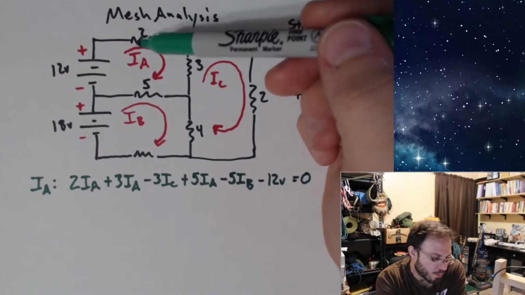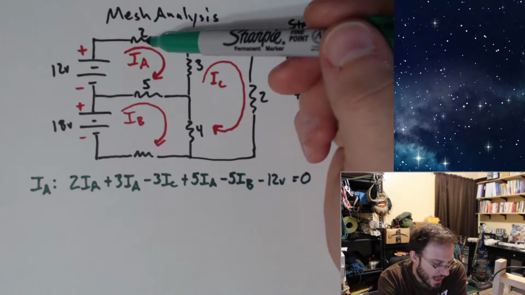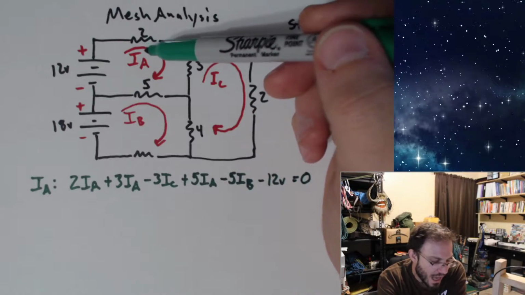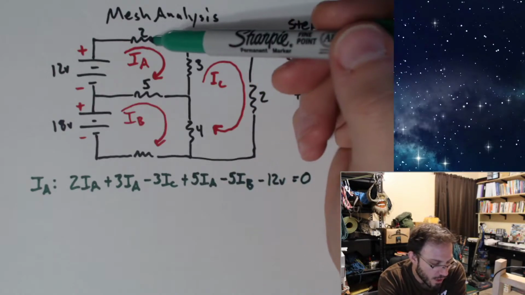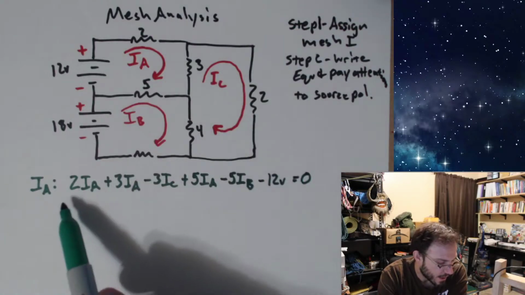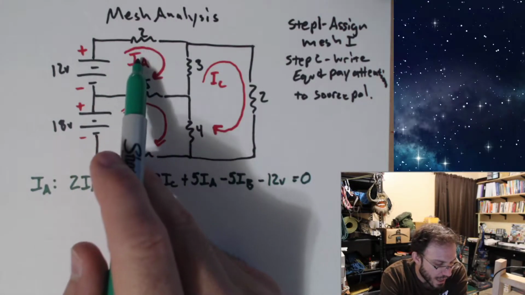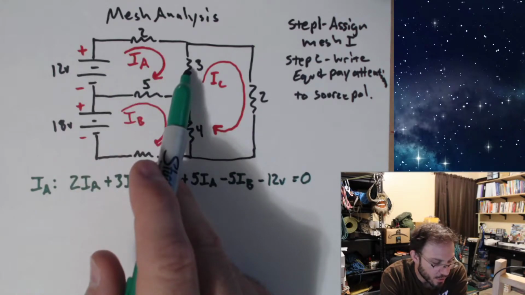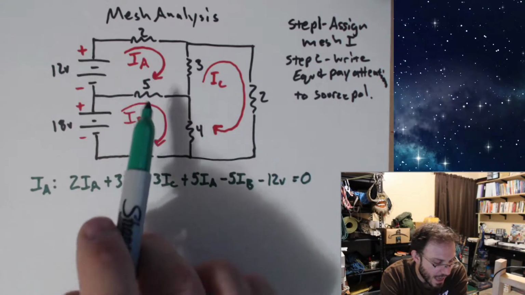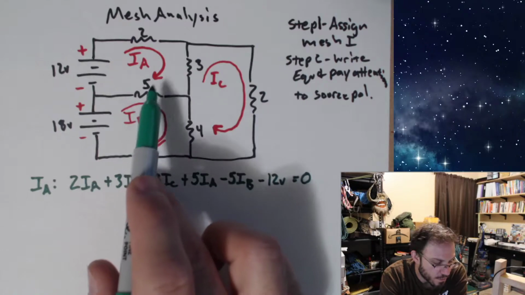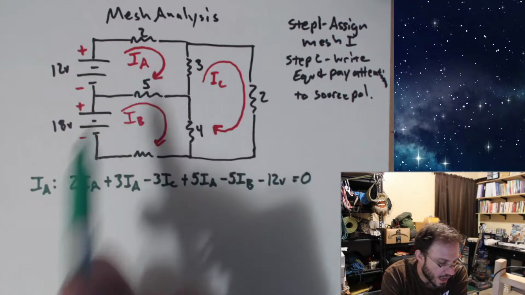Now, one thing I want to bring out is notice that with respect to the IA mesh current, all of our voltages are positive. When we followed this IA around, it was plus 2IA. When we hit the 3 ohms, it was plus 3IA. When we hit the 5 ohms, it was plus 5IA.